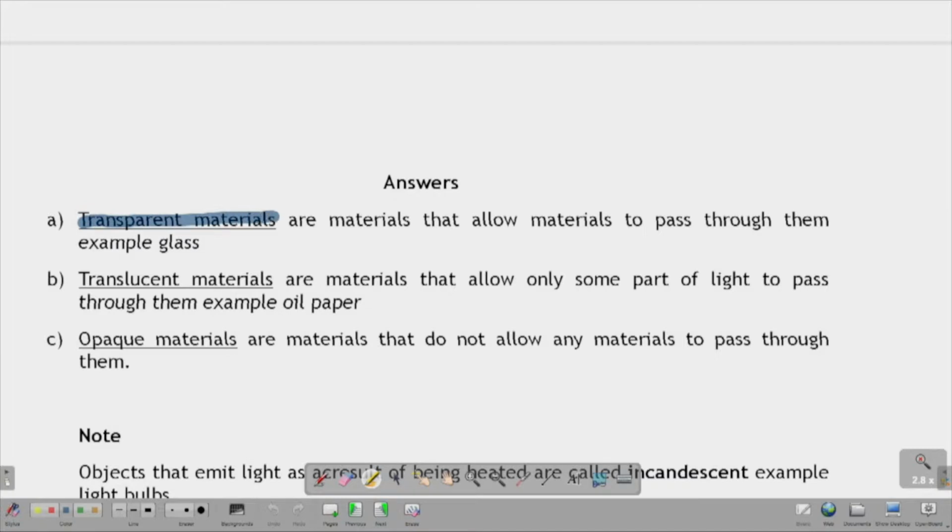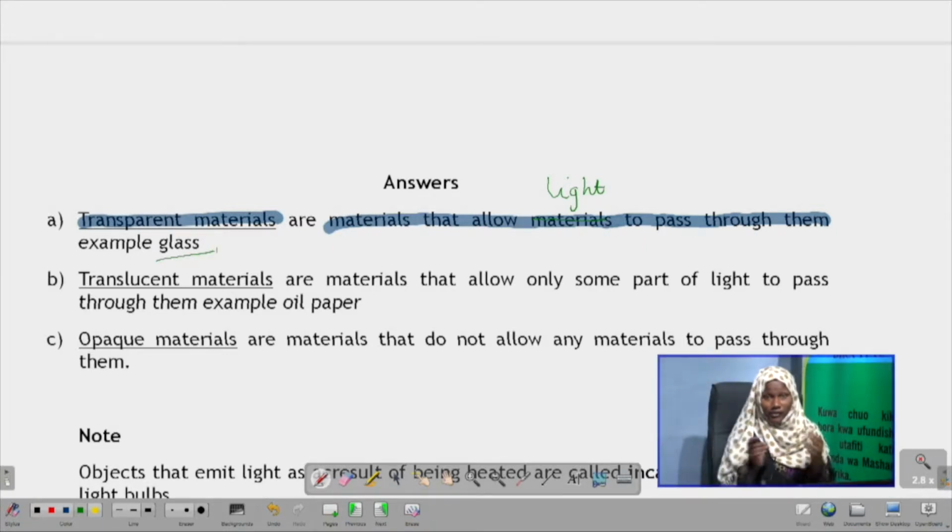Transparent materials are materials that allow light to pass through them. Example, glass. In our environment we have materials which allow light to pass directly through them.